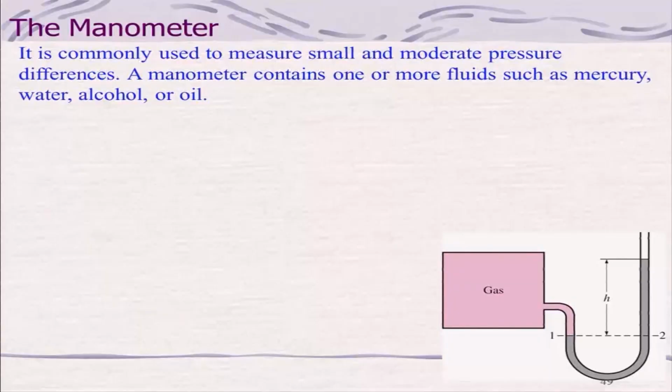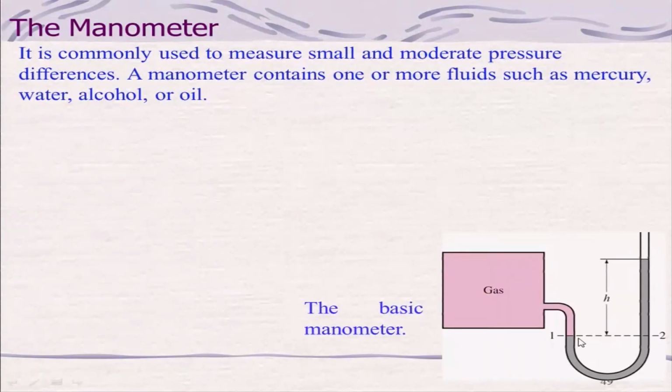So let us look at a tank which contains gas at a higher pressure, which is connected to a U tube manometer. This is just a simple glass tube with a graduation, so that you can measure the height. And this fluid, because of pressure, is pushed; this is a manometric fluid, right, and it has this level.